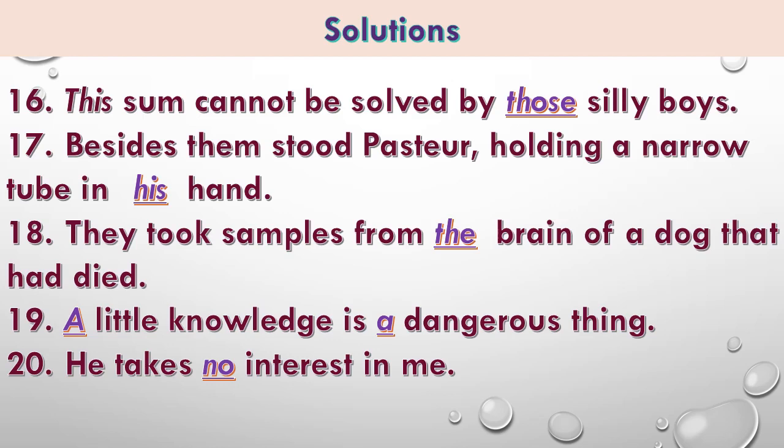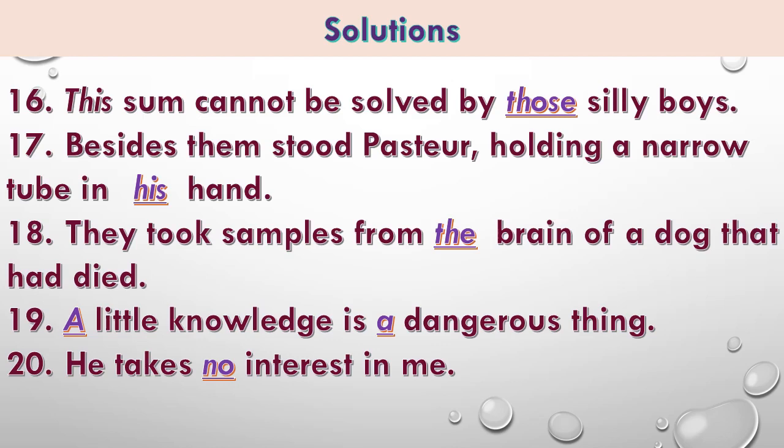Next is, they took samples from the brain of a dog that had died. So the brain is specified, a particular thing. And that's why the definite article the is used here. So brain is the particular or specific thing.